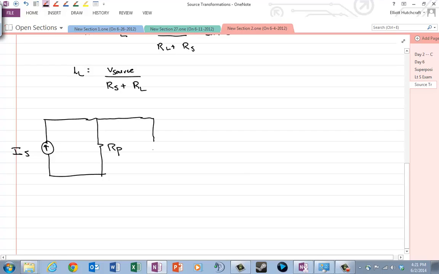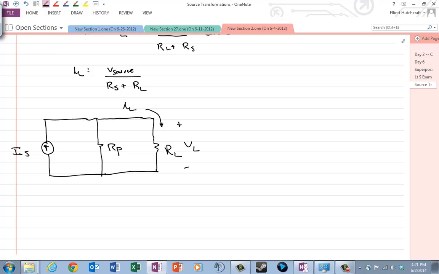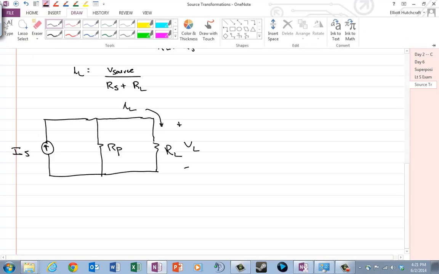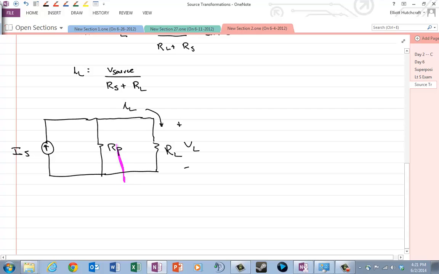And we're going to drive the load resistance, RL, over here. And we're going to have VL, and IL is going through the load. Now notice it is not going through RP, it is just going through the load resistance there. So it's similar, but now you see the resistance is in parallel with the current source.